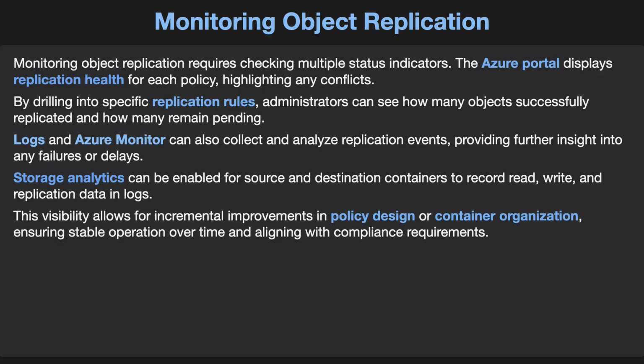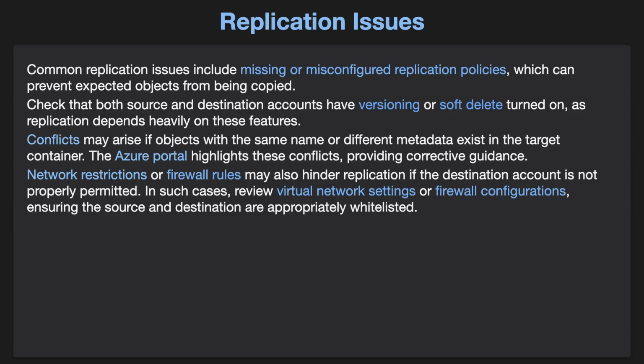Common replication issues include missing or misconfigured replication policies, which can prevent expected objects from being copied. Check that both source and destination accounts have versioning or soft delete turned on, as replication depends heavily on these features. Conflicts may arise if objects with the same name or different metadata exist in the target container.